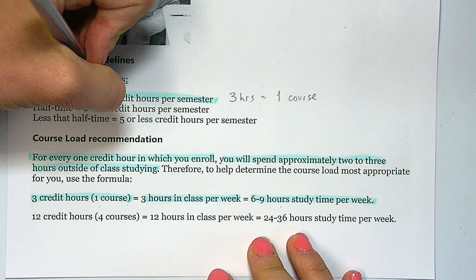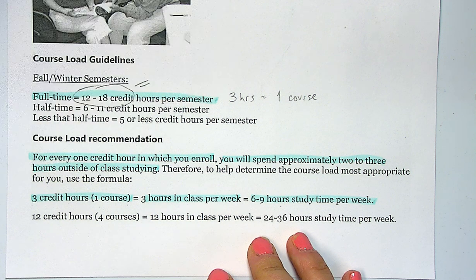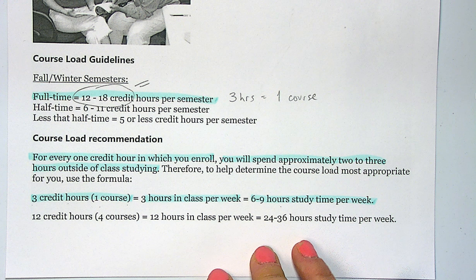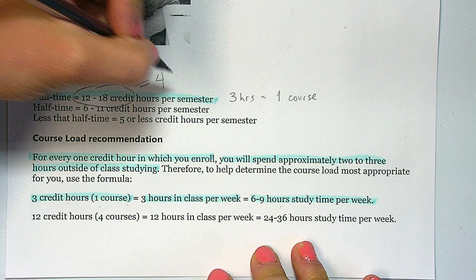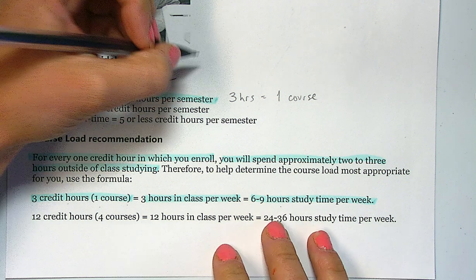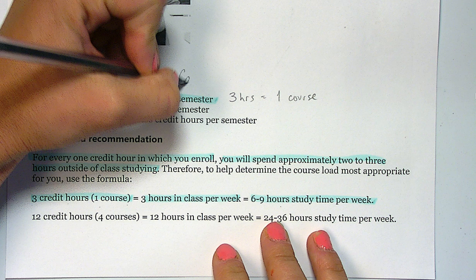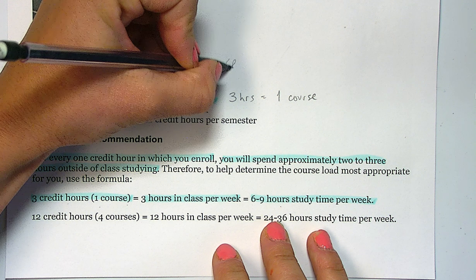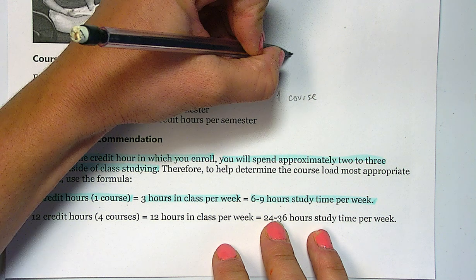So this equals 4 to, 3, 6, 9, 12, 15, not 4 to maybe 6 classes per semester.